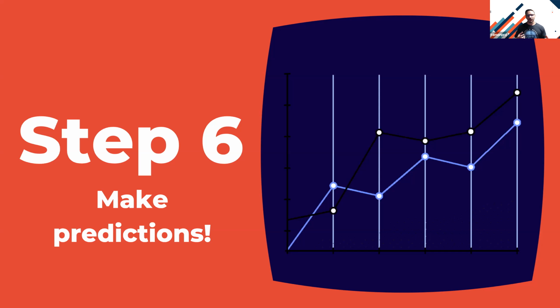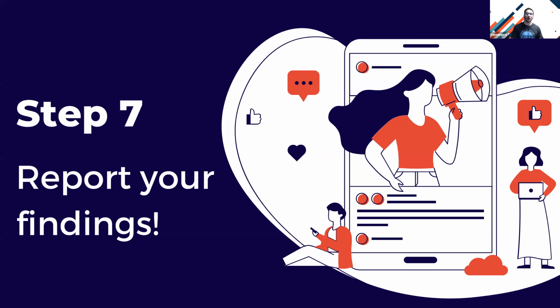So this is a step that depends on what you do, where you work, and how your data analytics cycle looks like. It might just be that you jump straight from analyzing to reporting your findings, either to your boss. I found this in the data, I found that in the data, here are my results.